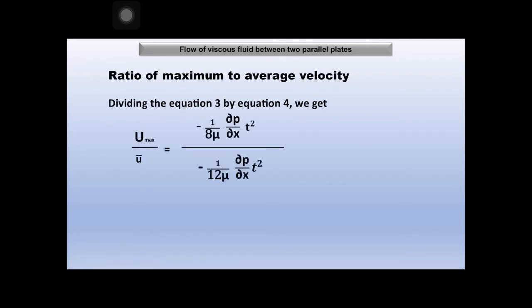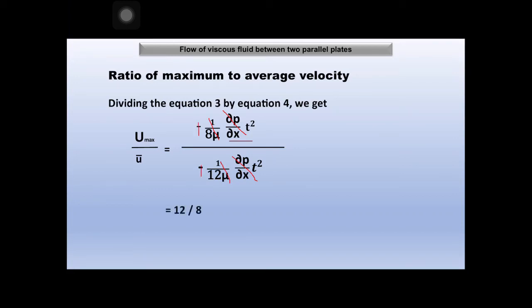So u max by u bar will be equal to minus 1 by 8 mu into delta p by delta x into t square divided by 1 by 12 mu into delta p by delta x. So this whole term will get cancelled here. Similarly, 1 by mu will also get cancelled, and this minus sign is also going to cancel.